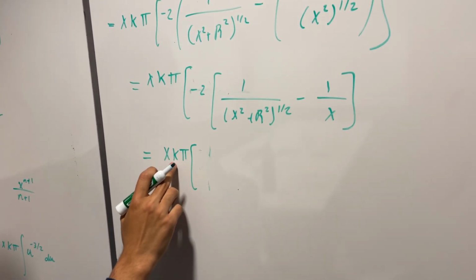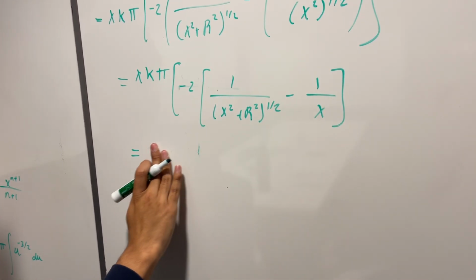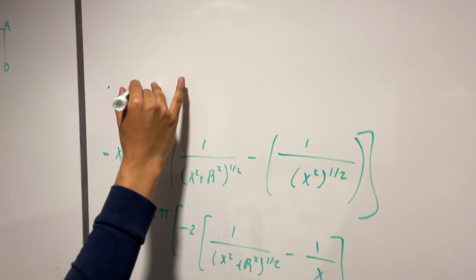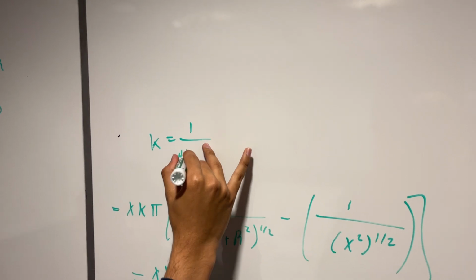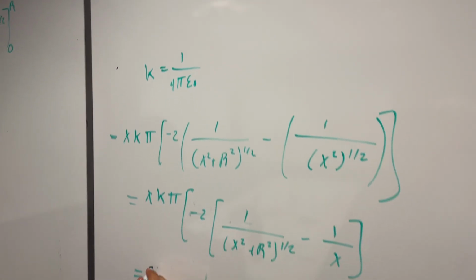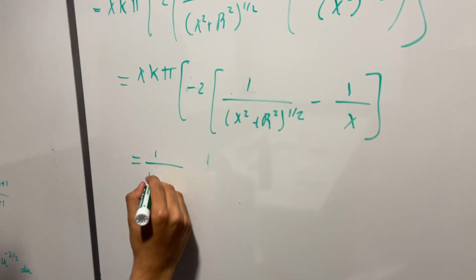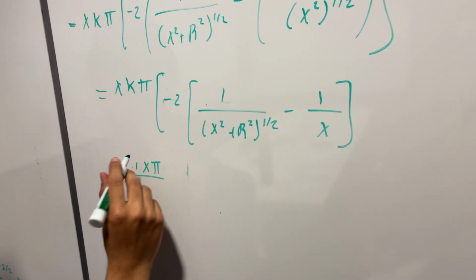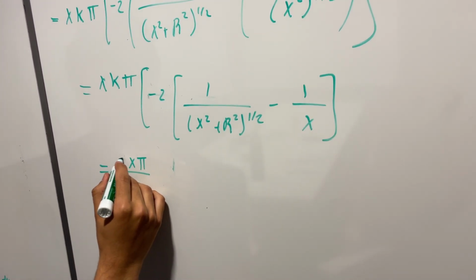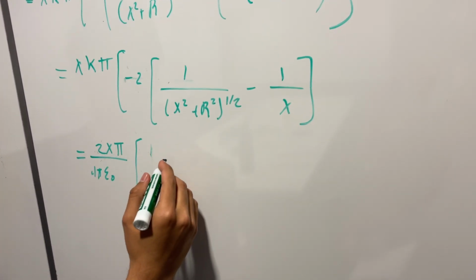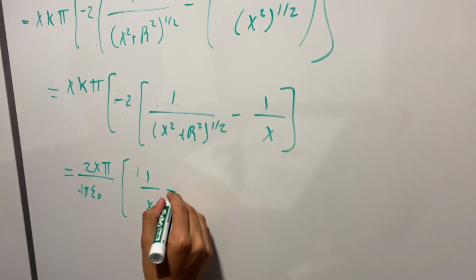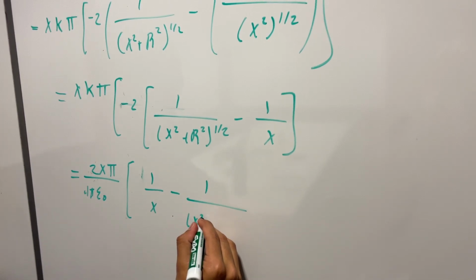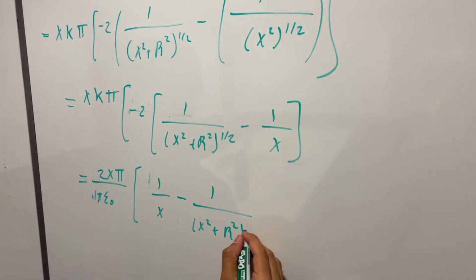I'm gonna pull the k out and rewrite k as its definition. So k is 1 over 4 pi epsilon 0, and we get x pi, and then we pull the 2 out, so we get 1 over x minus 1 over the square root of x squared plus r squared.